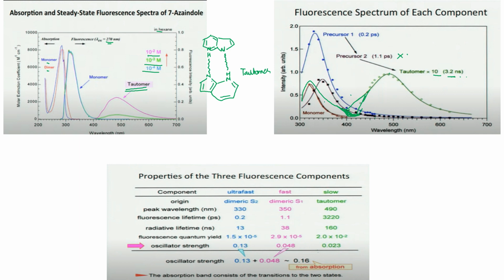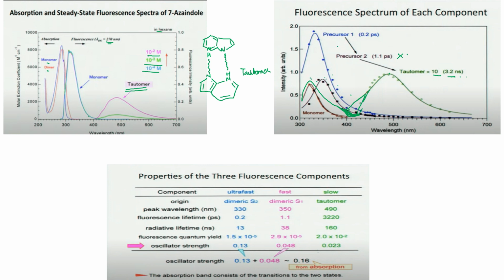But in the other two cases, you will see this monomer. Apart from this, there are two precursors in this stage. And how did we get the fluorescence or the detection of these? By a higher time resolution, in the level of femtoseconds and picoseconds.